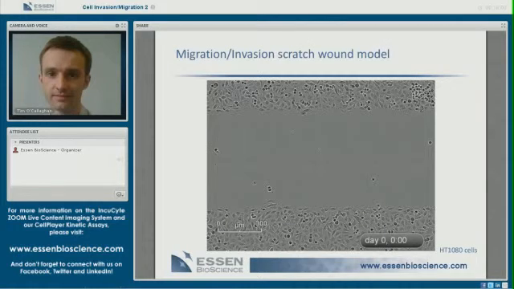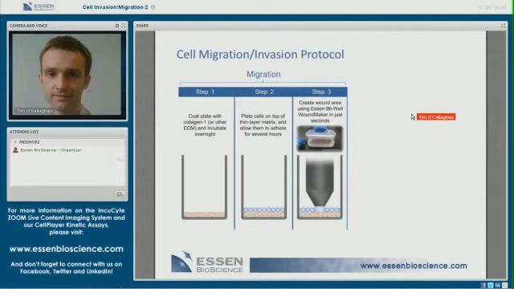These movies can be used to document cell morphology and behavior over the course of the assay and in the presence of different treatments. The cell migration protocol can be performed either with uncoated wells or wells coated with a thin layer of extracellular matrix.